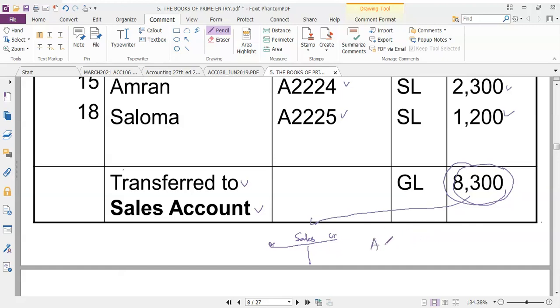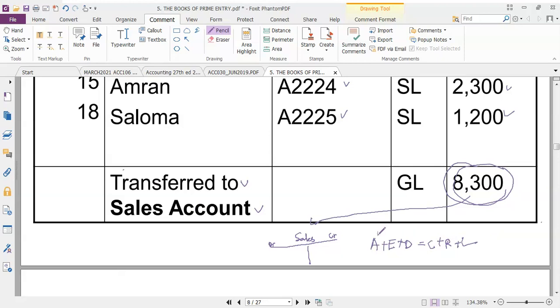You just remember, okay? A plus E plus D is equal to the C, capital, R, revenue, and L is for liability. So, sales is revenue.